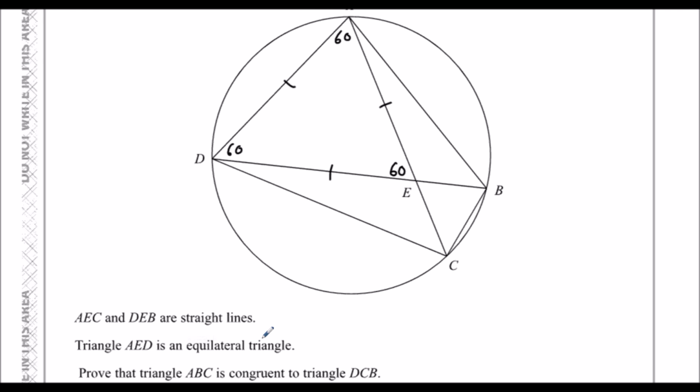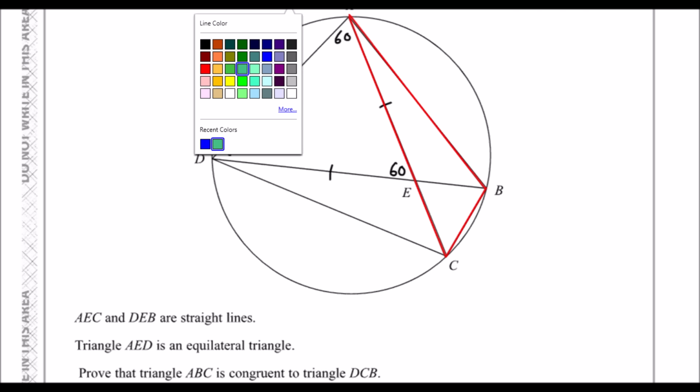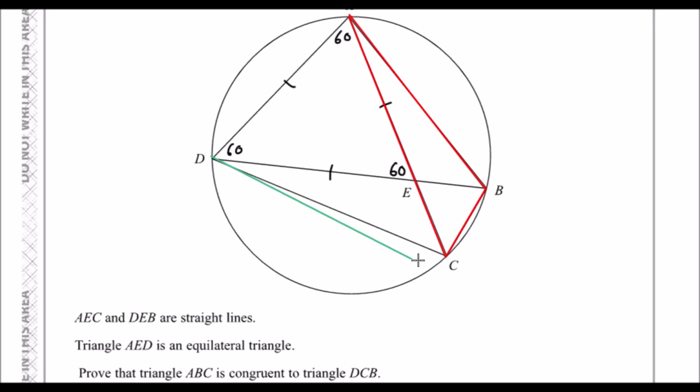Prove that triangle ABC is congruent to triangle DCB. So we're proving that these two triangles are congruent.